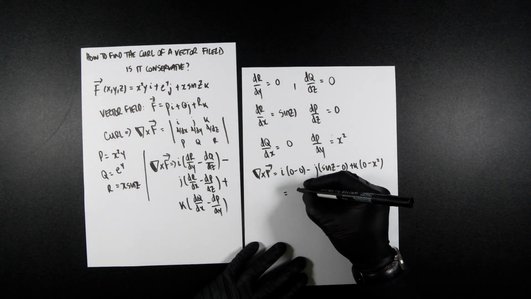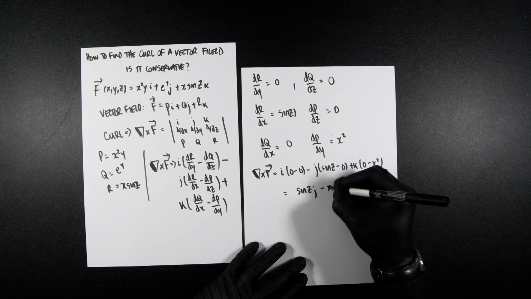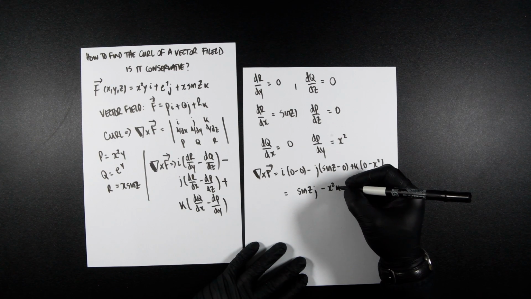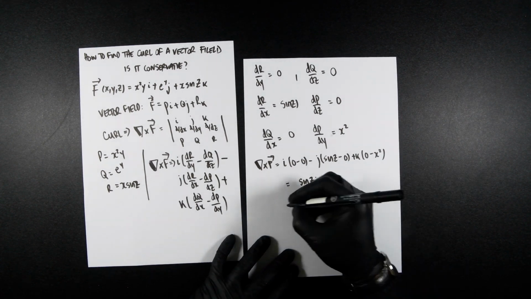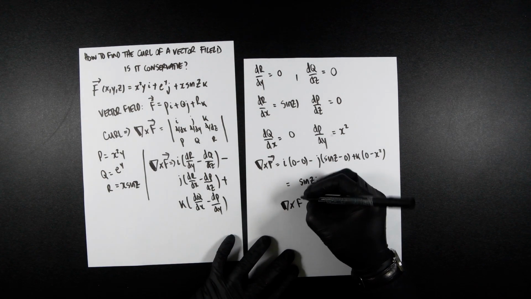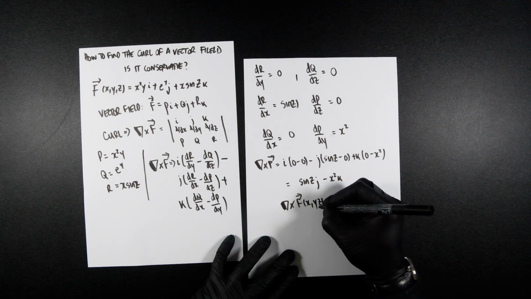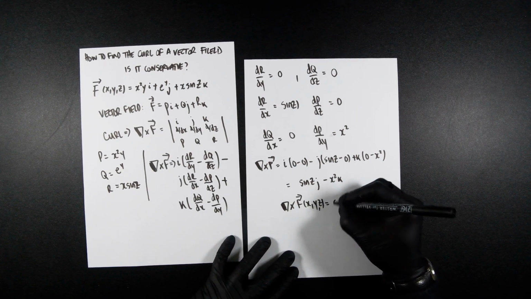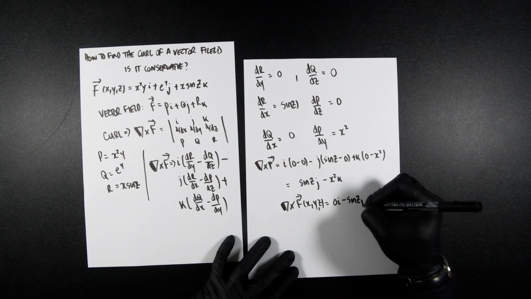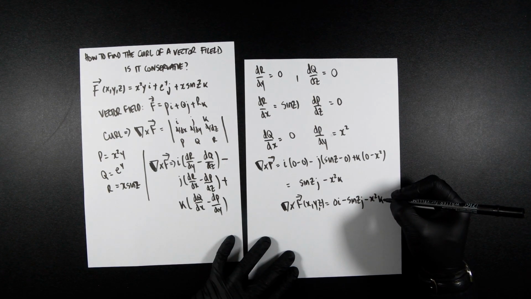So we're going to now get sine z j minus x squared k. So we've done the cross product, and it is going to be 0i minus sine z j minus x squared k.